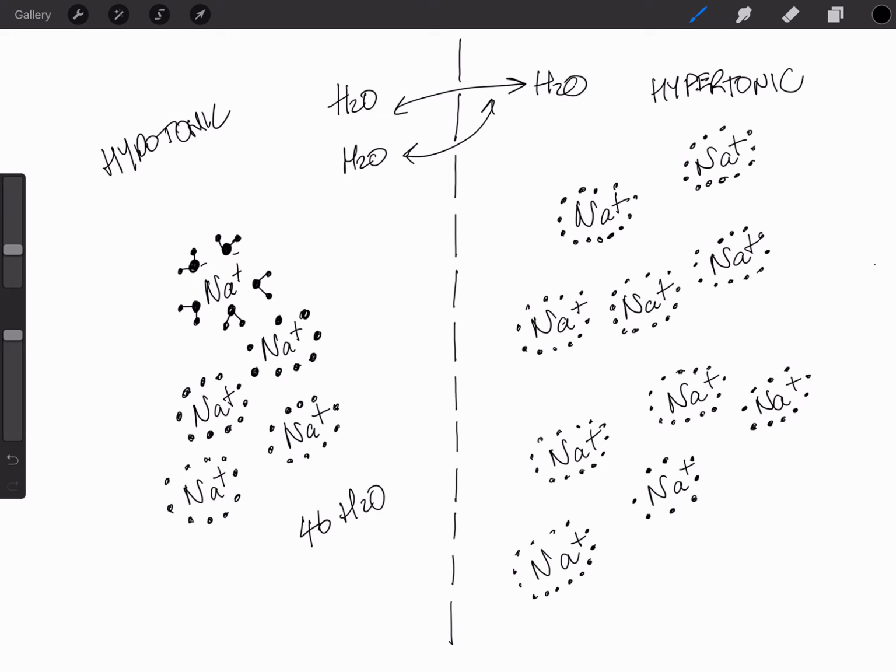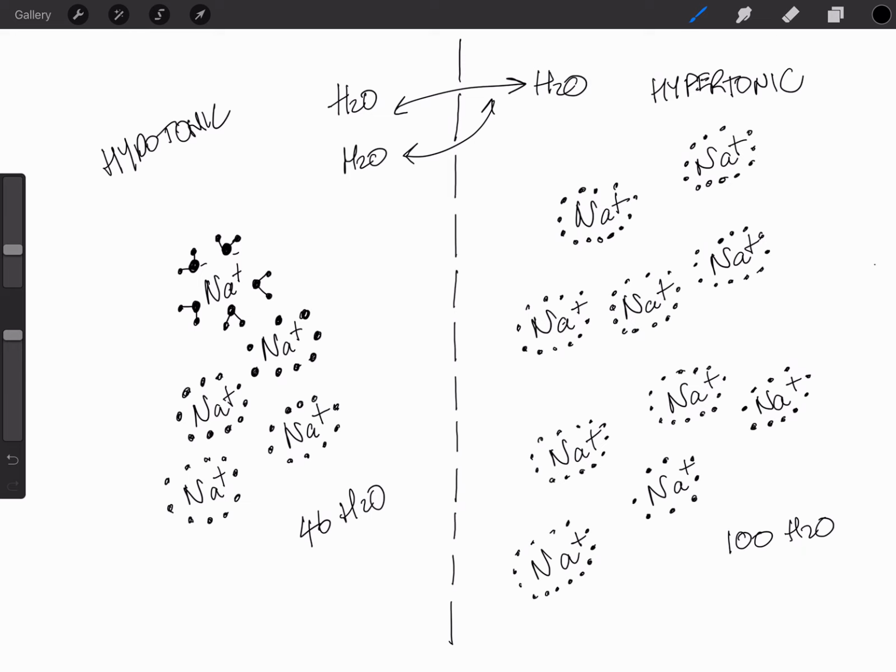Okay, now just comparing these, I'm going to estimate that there are about 100 water molecules surrounding the sodiums on the right. So on the right, there are more water molecules associated with the sodium, and remember that's a hydrogen bonding interaction, than there are on the left.